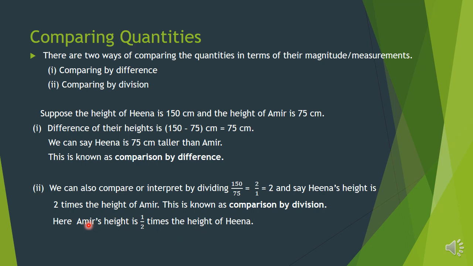Because Amir's height is 75 centimeter on the denominator side, the denominator side number we have to say first. If you say Hina's height, Hina's number we have taken on the numerator side, so we can say Hina's height is 2 times that of Amir's height. Otherwise we can say Amir's height is 1 by 2 times the height of Hina. Okay children?